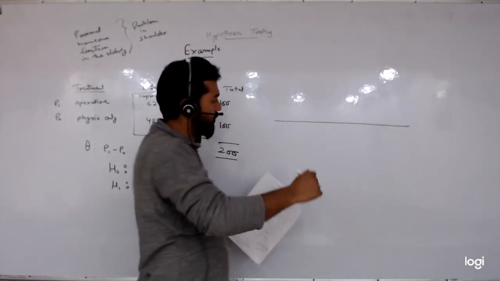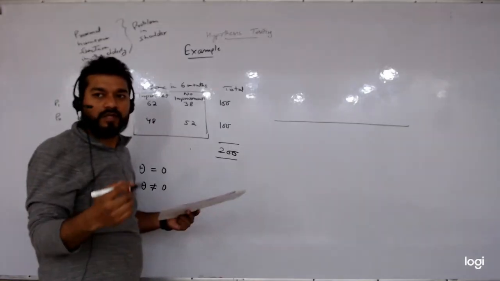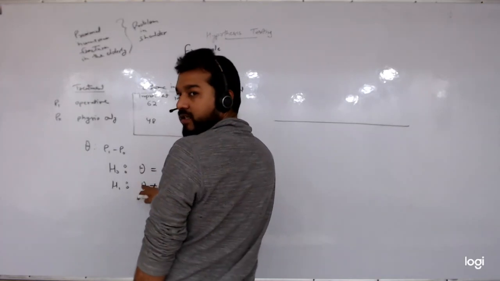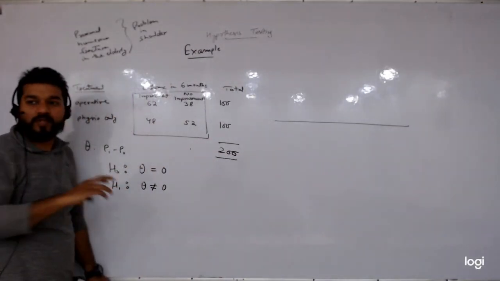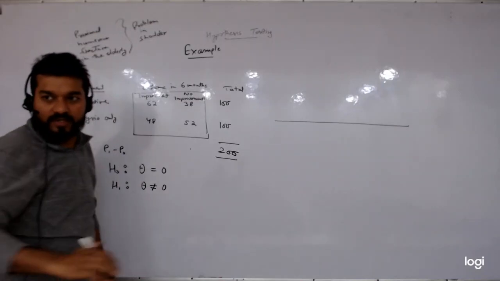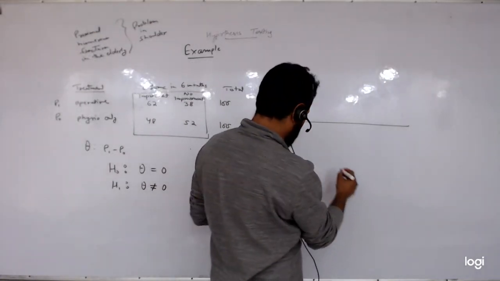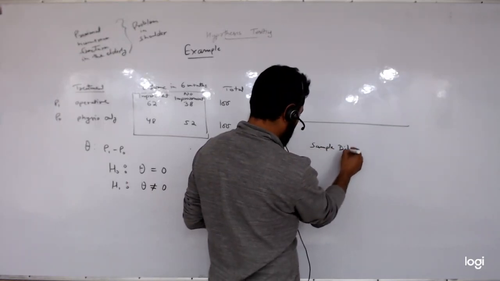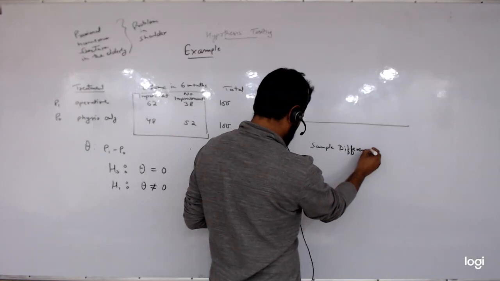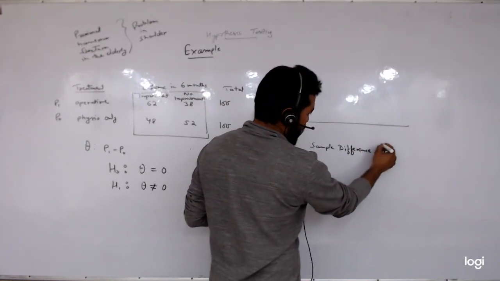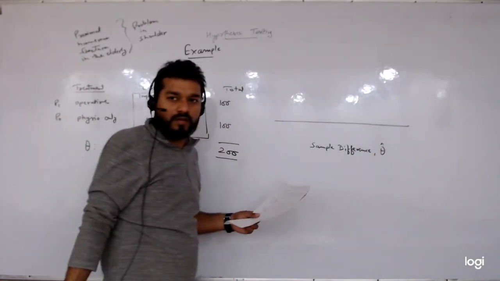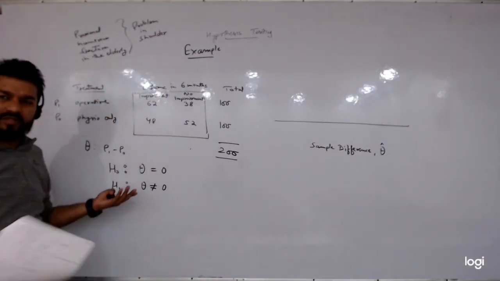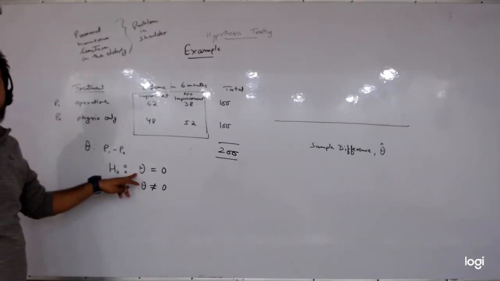Now let's draw the density function for sample differences. This is for testing for population, but we're going to use sample for this purpose. Let's just remind you, although you already know this, theta would be parameter.